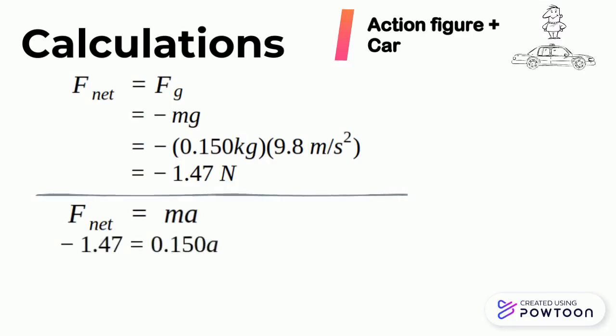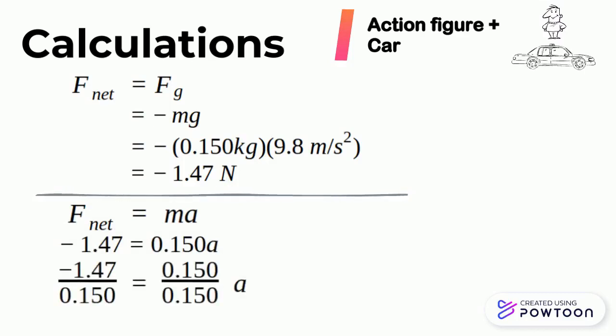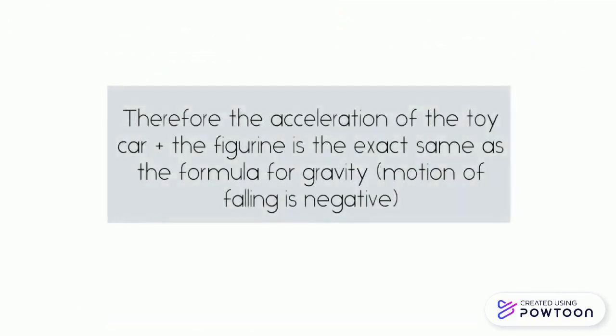Then we can isolate for a by dividing the net force, negative 1.47 newtons, by the mass, 0.150 kg, to get negative 9.8 meters per second squared as the acceleration in freefall for the toy car and the figurine. Therefore, the acceleration is the same as gravity as the motion of falling is negative.